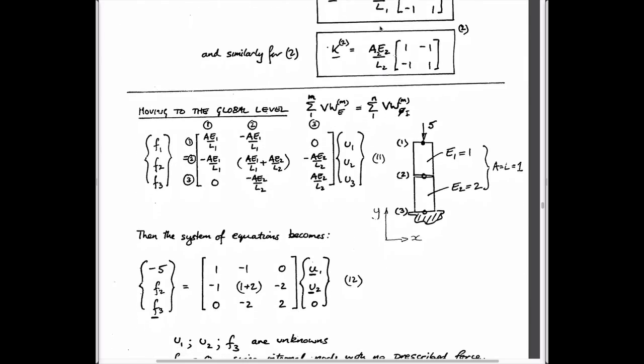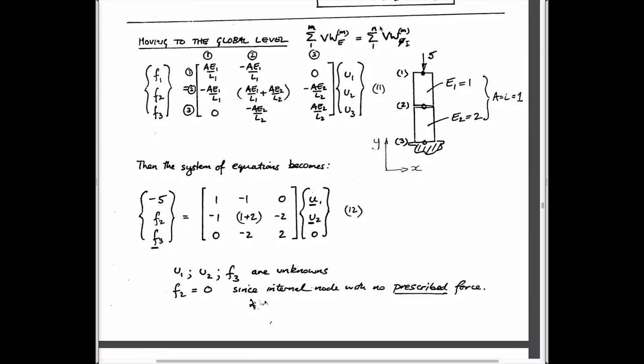I'm not sure what those magnitudes are, but to put this together, we have element number 1 and element number 2. This is element number 1. This is element number 2.